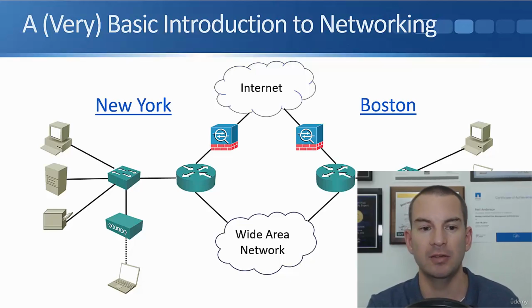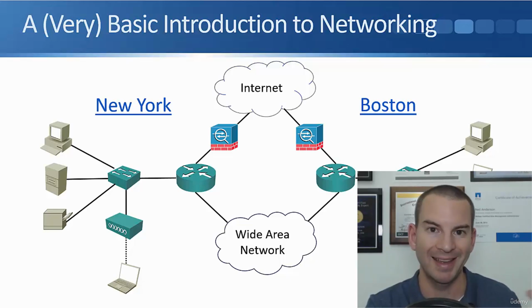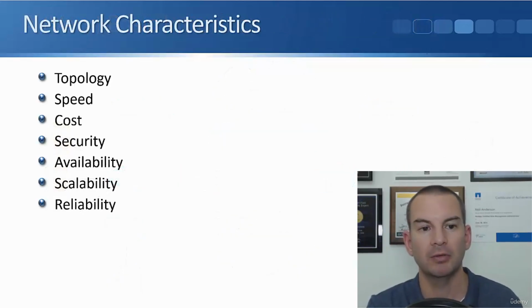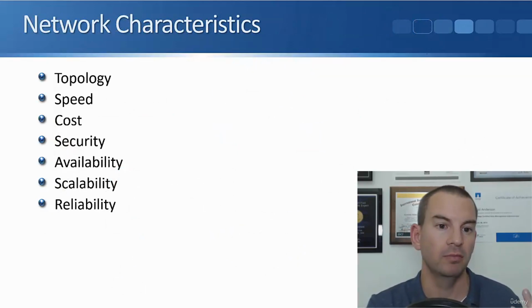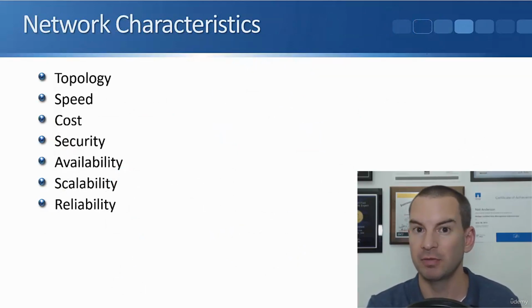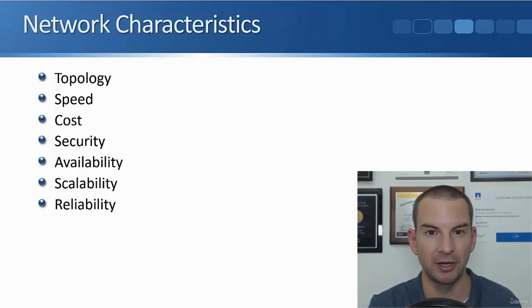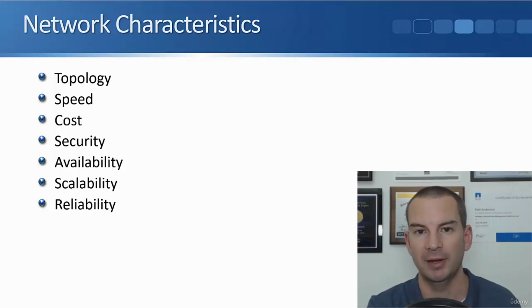The topology is how the devices are connected up to each other. Other characteristics is the speed of the network. Typically, the faster the network is, the more it's going to cost you. And cost is itself a characteristic as well. Things that will affect the cost are the type of devices you have in there, the size of the network, the different technologies you're using, etc.